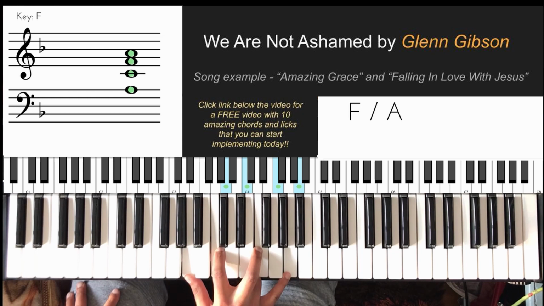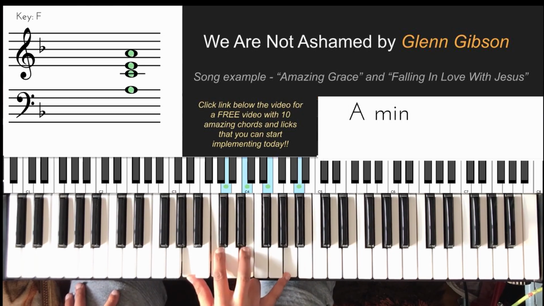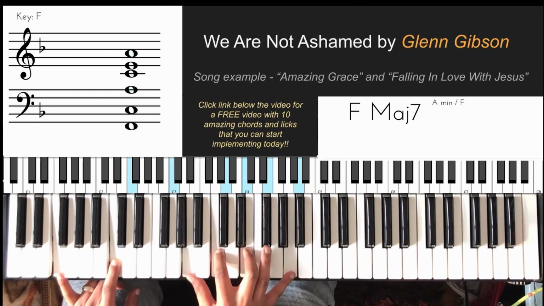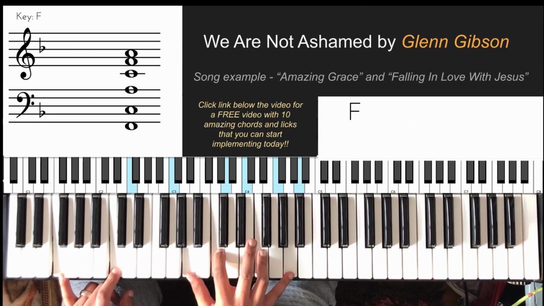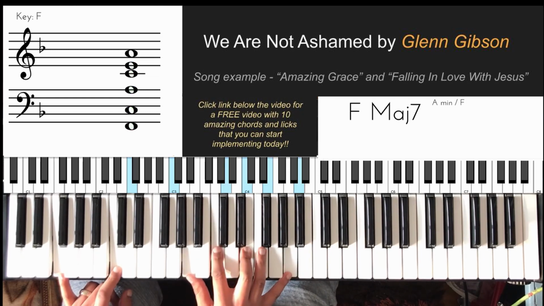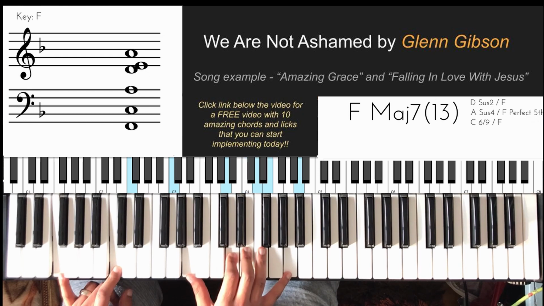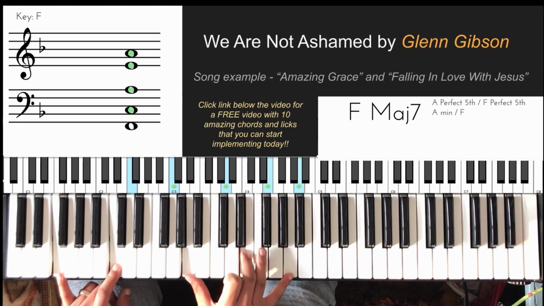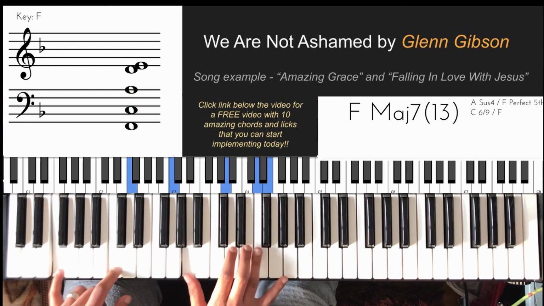Then you take the 1 and move it down a half step, so it becomes a major 7. The only thing now is you take this 5 and play it on the 6, which makes it like a 13. So you have a major 7, and then you add the 13.